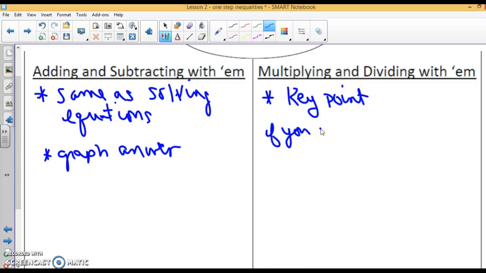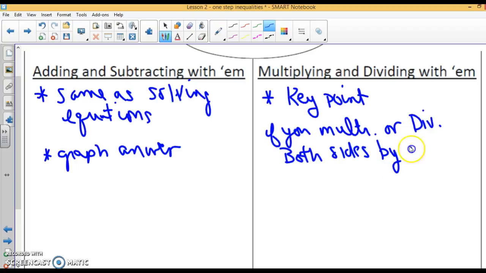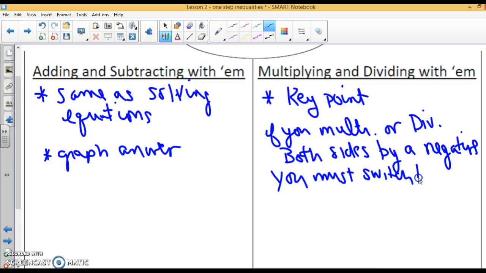If you multiply or divide both sides by a negative, you must switch the inequality symbol.